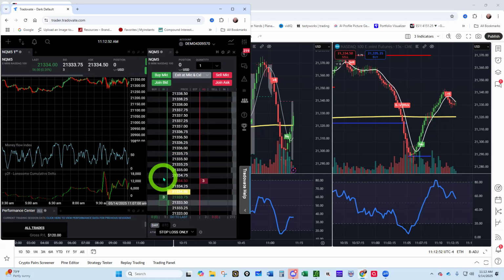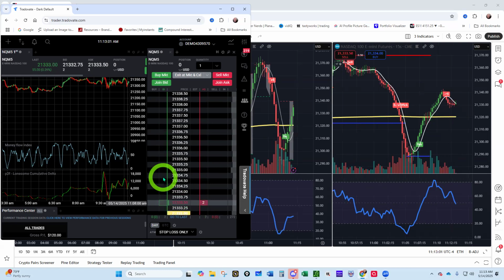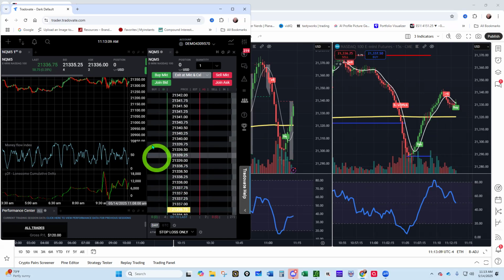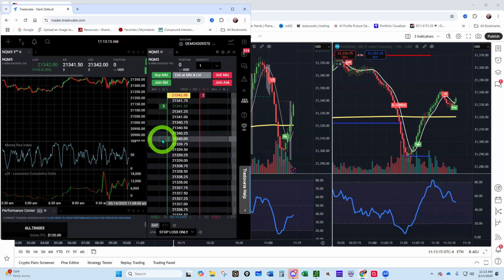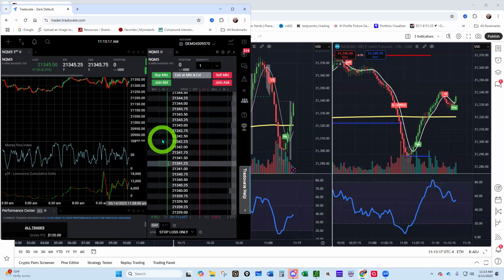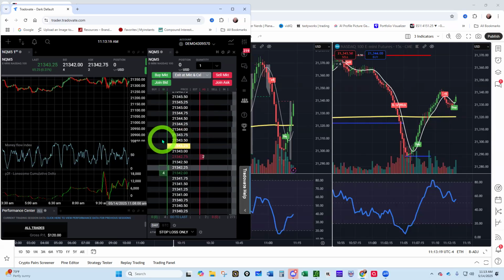AD still pointing upward. Boy, 40 would have been a great entrance.